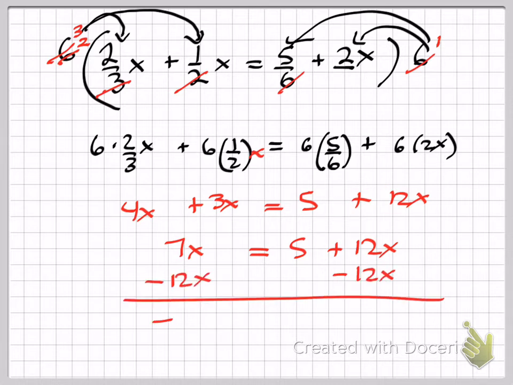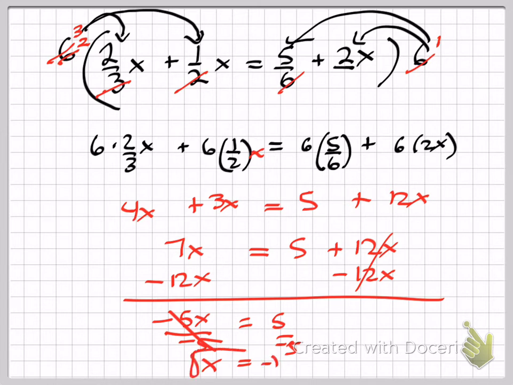And we get negative 5x equals 5. Dividing by negative 5, dividing by negative 5, x equals negative 1. One variable, one solution. One variable, one power, one solution.